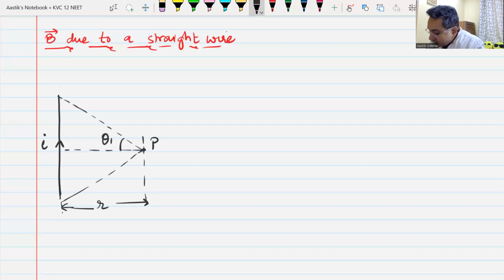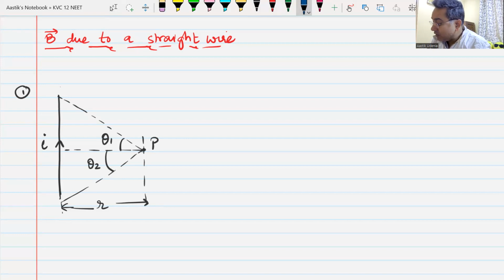One angle is given as theta 1 and the other angle is given as theta 2. This is case number 1.